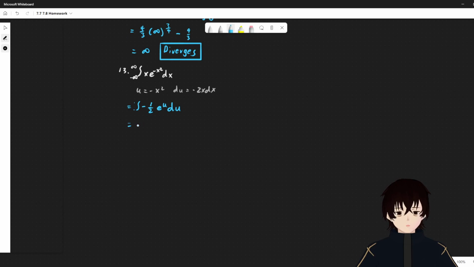Which is equal to -1/2 e to the power of u, which is equal to -1/2 e to the power of -x squared. Wait, there's no du here. Integral of e to the power of u is e to the power of u. And this goes from -infinity to +infinity.